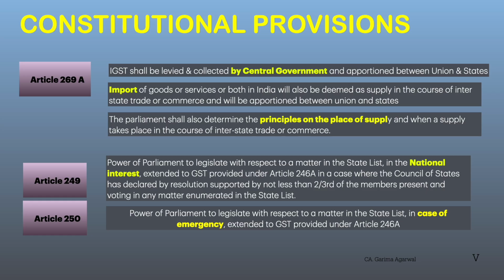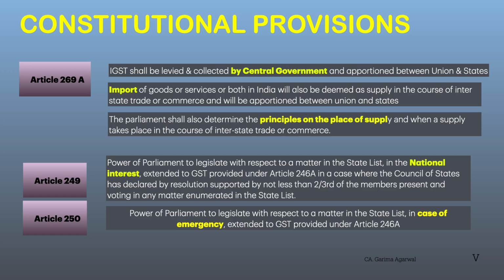So if the Rajya Sabha passes a national interest resolution, Parliament can make laws on any aspect of GST that normally falls within the state jurisdiction. This resolution route under Article 249 has never been used for GST since its introduction in 2017. The GST Council's collaborative mechanism has been sufficient so far.